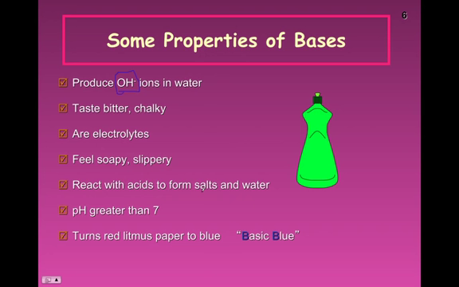They form salt and water just like acids react with bases, and so when reacted on a one-to-one basis, we end up with a neutral solution. The pH of bases is greater than 7. When we work with pH paper called litmus paper, it will actually turn it blue. Litmus is a test that we can use to figure out if there's an acid or base present because it has an indicator in the paper.